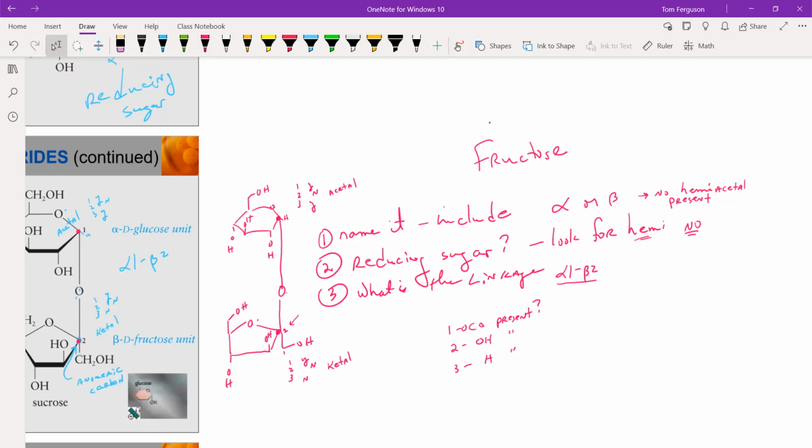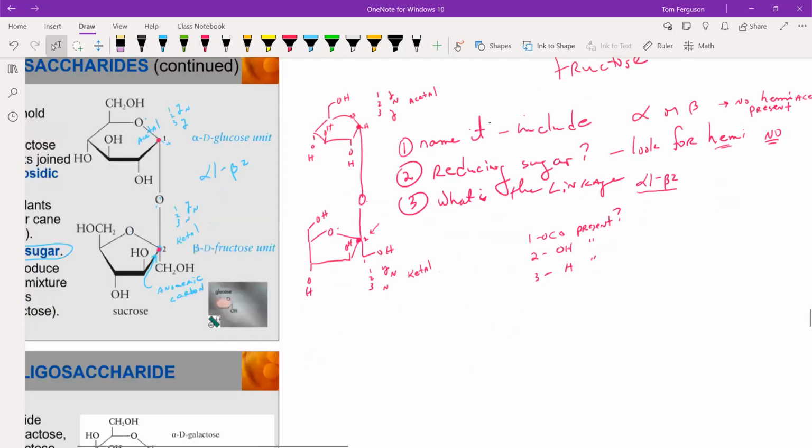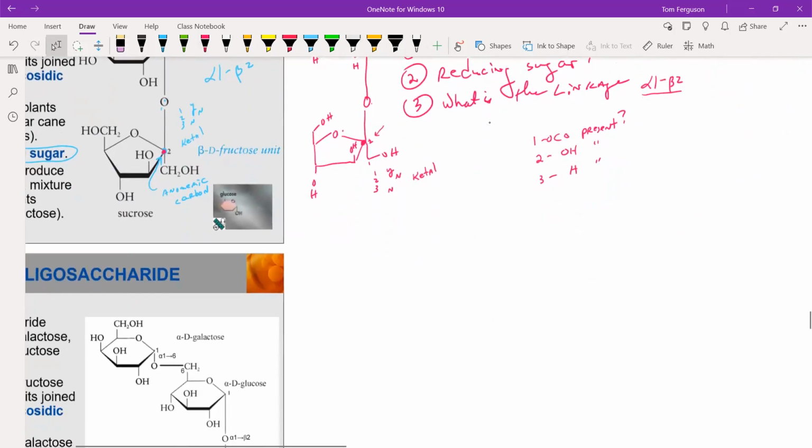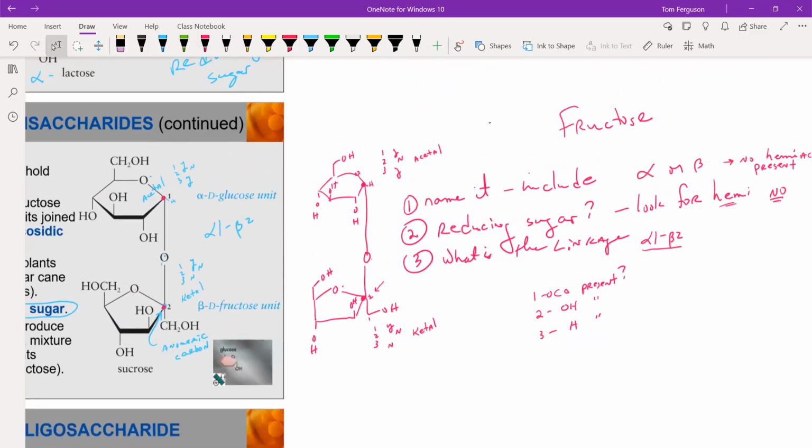The 3 disaccharides: maltose, lactose, sucrose. Look at the 3 questions as well. Okay. All right, are there any questions about this so far? And this is going to just take lots of practice, just over and over and over again.